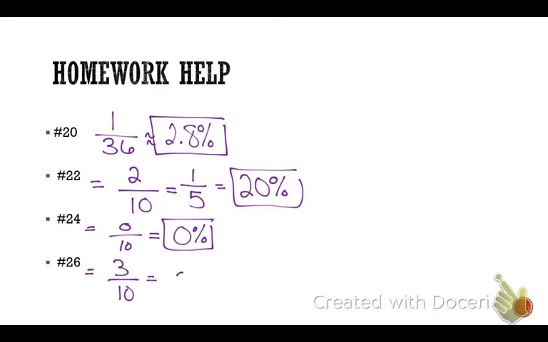So that's 30%. Do you see how we did that? In order for an outcome to be favorable, both events have to happen. Both events have to happen. That's everything you need to know for 7.3.